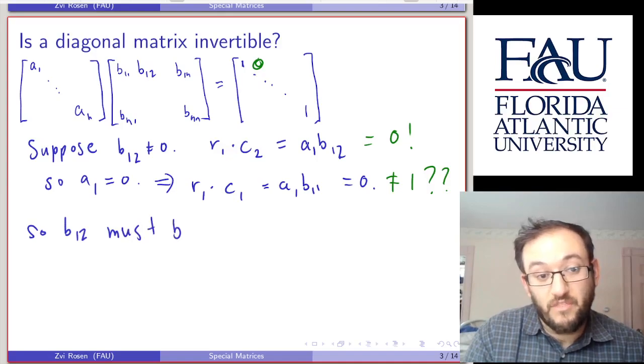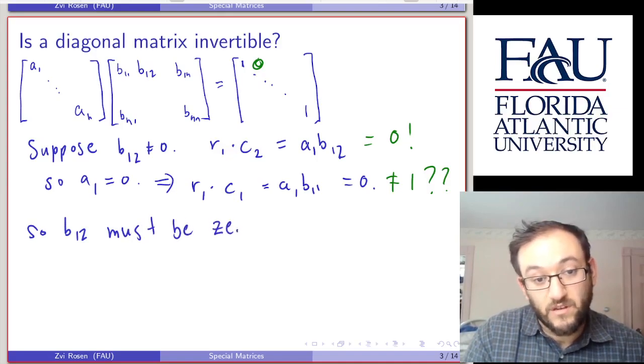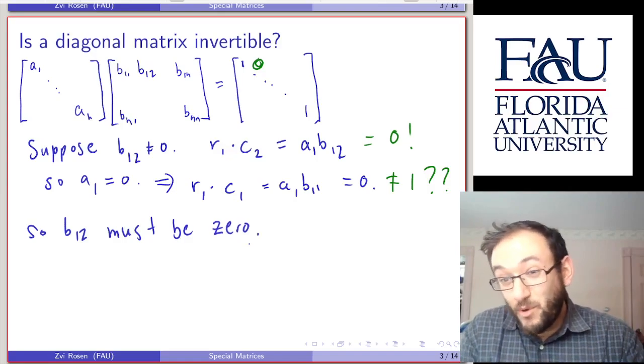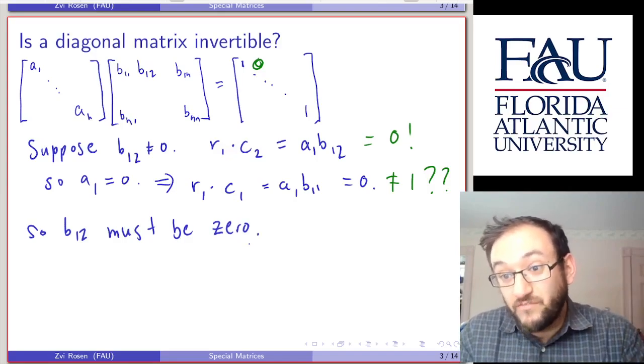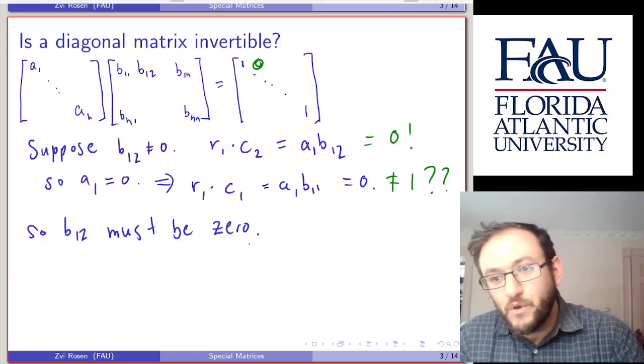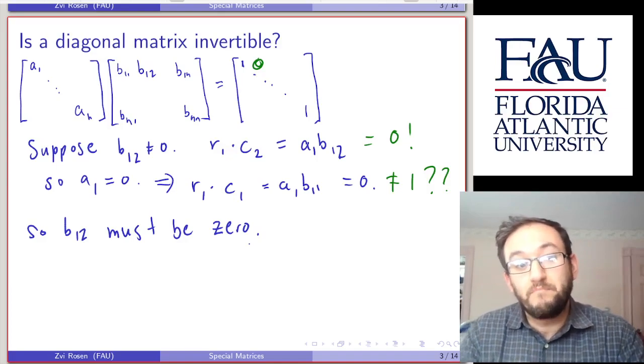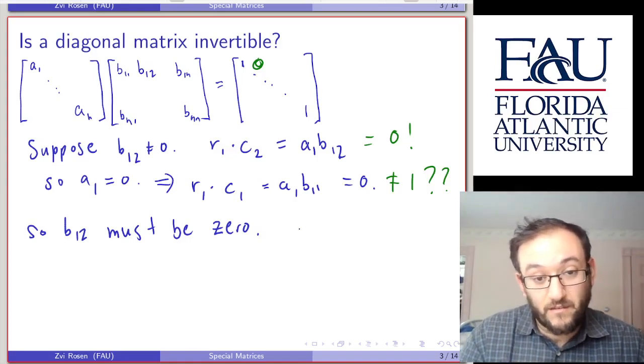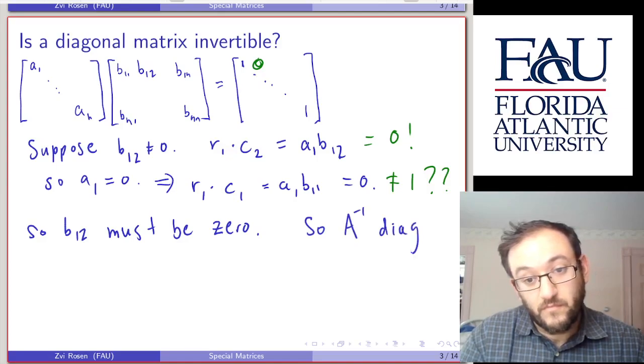It must be 0. Otherwise, we would find ourselves in one of these weird contradictions. The same argument works for any off-diagonal entry, so the inverse matrix, A inverse, must also be diagonal.